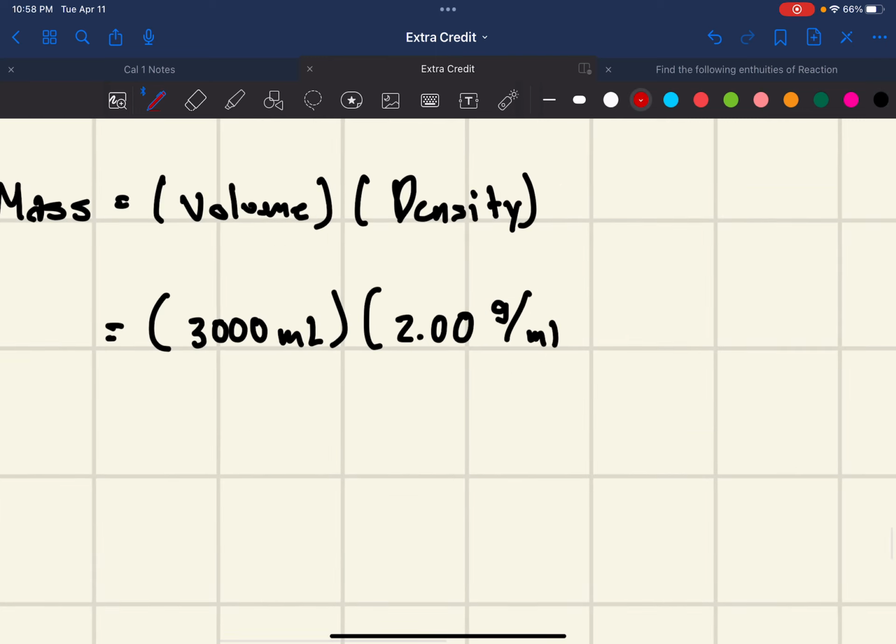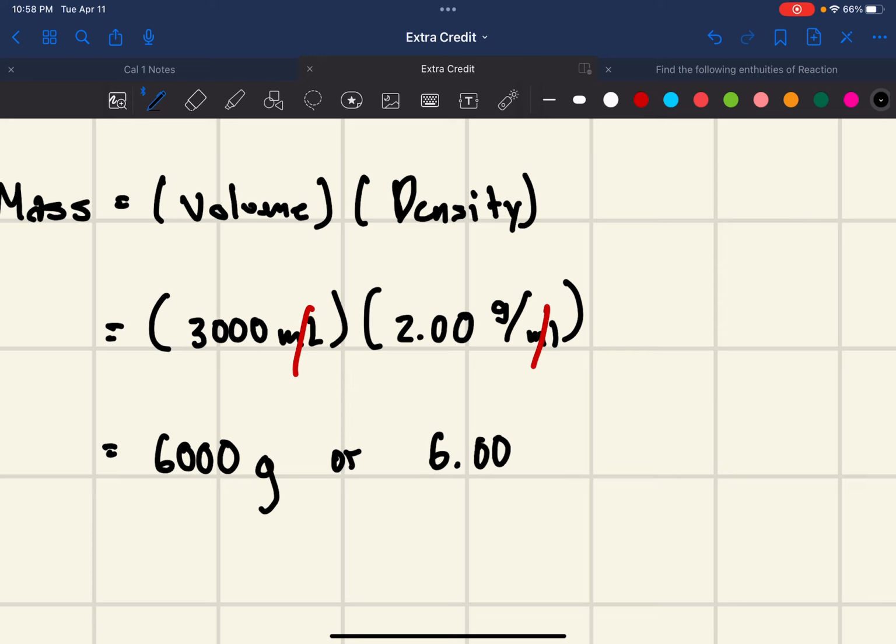We're just going to cancel out the units, and this will leave us with 6,000 grams, or 6.00 times 10 to the power of 3 grams.